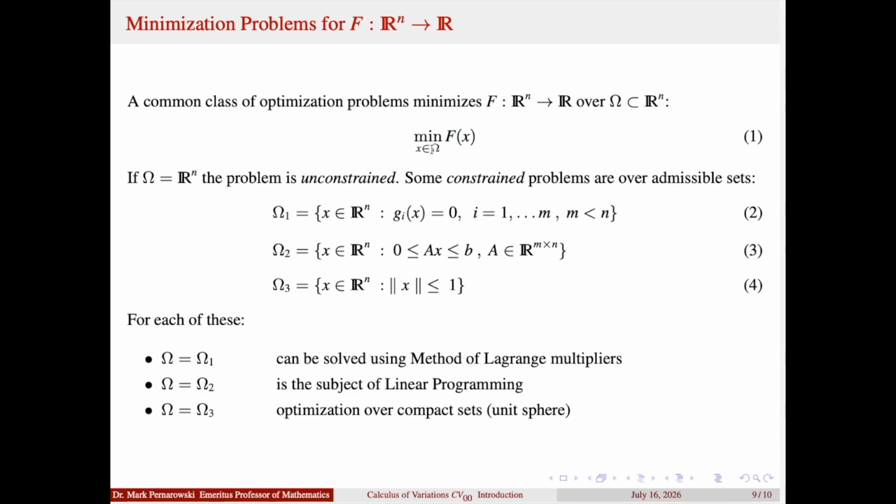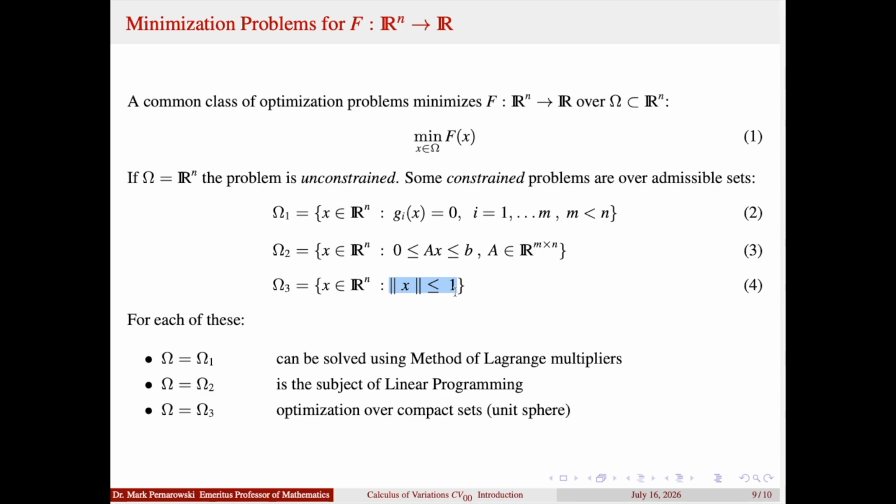Another way you can define your subset is through other means. In this case, I used a norm in Rn. I said, look, we're only going to minimize f over all those x values that have a norm less than or equal to 1. Well, if this was in R3, that inequality would describe the boundary and interior of a unit sphere.